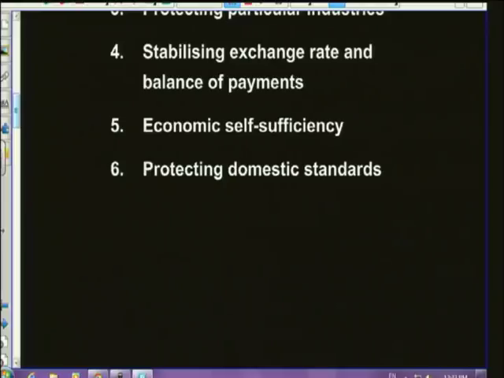The balance of payment, as we mentioned earlier, is a record of all the transactions between a country and the rest of the world. In other words, all the imports and all the exports. The reason why the government pays attention to the level of imports and exports is that every import that we make leads to an outflow of money. So we import the product, the money goes to an overseas country.